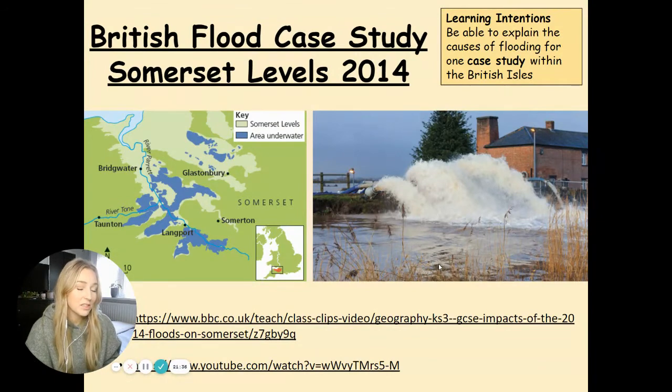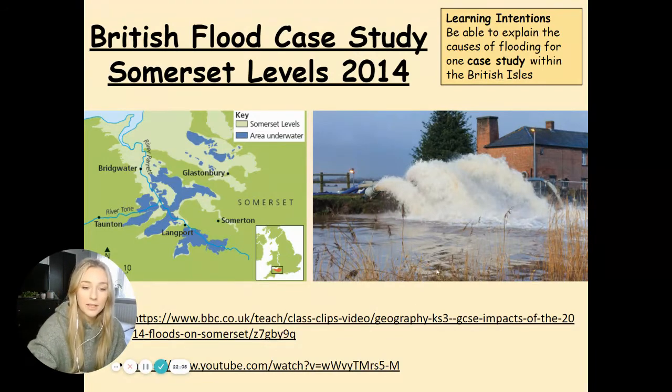And the rivers case study is talking about causes of why a particular river within the British Isles flooded. So for this case study, we talk about the Somerset Levels, which is an area in the southwest of England, and it happened in 2014. And the main point of this case study is the causes of the river in that area flooding, and it's building on the theory from this lesson that we've talked through.